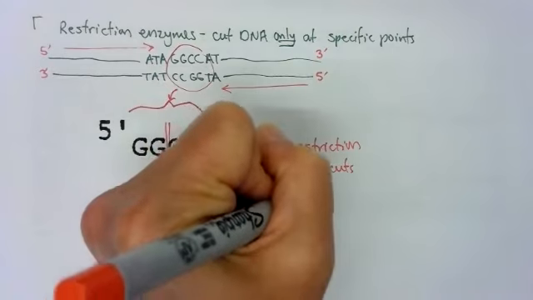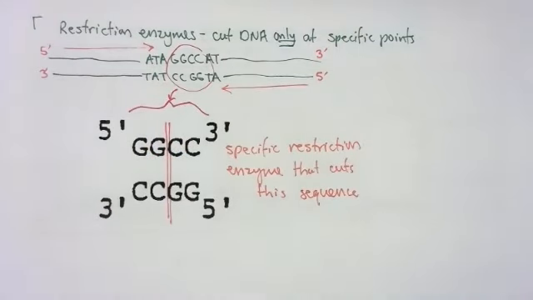And there's more than one restriction enzyme. Actually, we've got lots and lots of them, but each one has its own specific pattern it'll cut. So everywhere in the DNA that there's a GGCC, CCGG, this restriction enzyme will cut, and that's how we get our fragments. So let's go back to our other sheet.